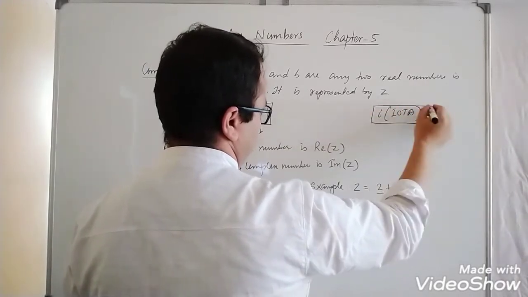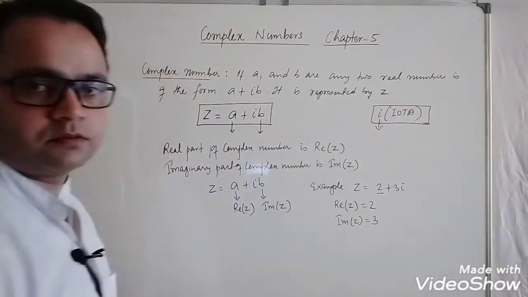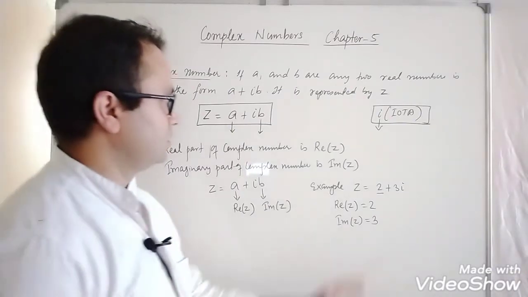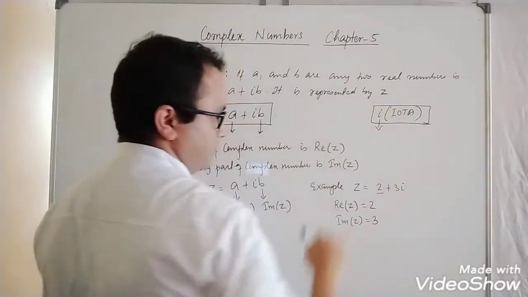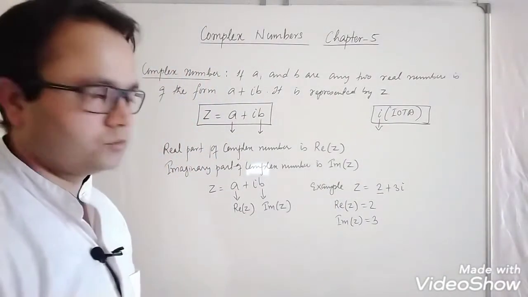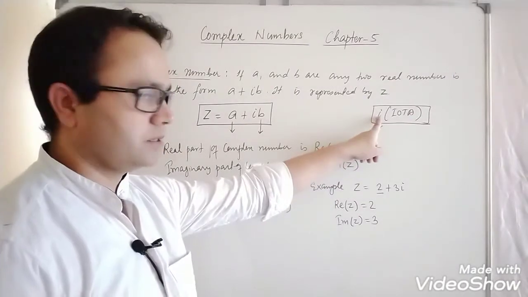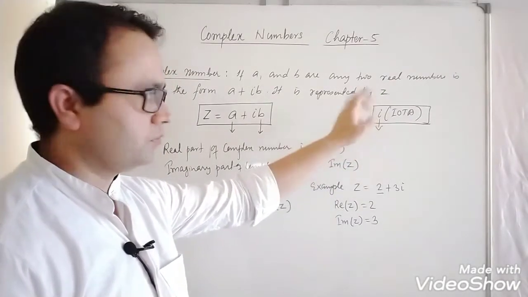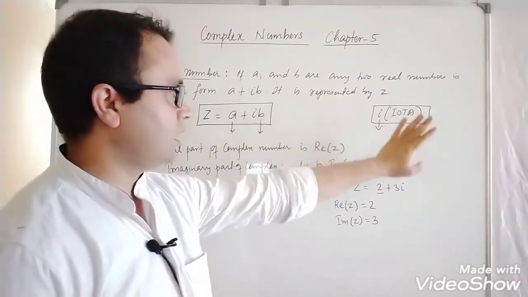It is the solution of the complex number. Iota was introduced by Euler, the first mathematician who introduced i.